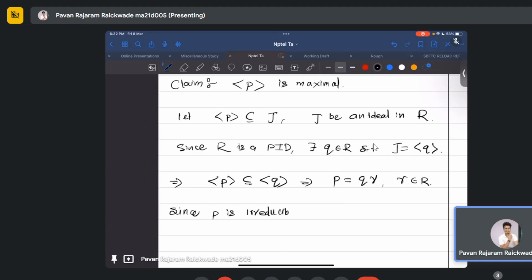Since P is irreducible, one of these two has to be a unit: either Q is a unit or R is a unit.